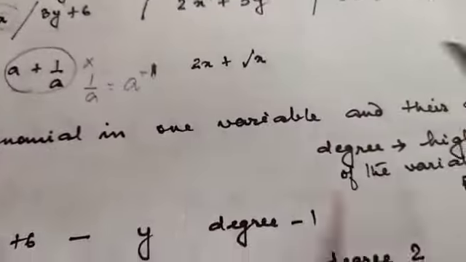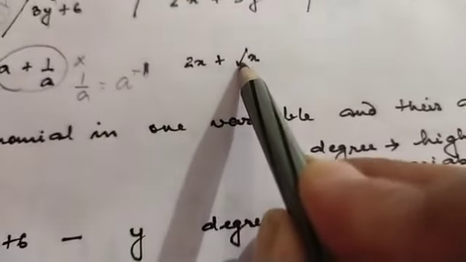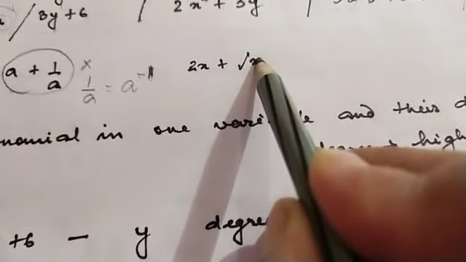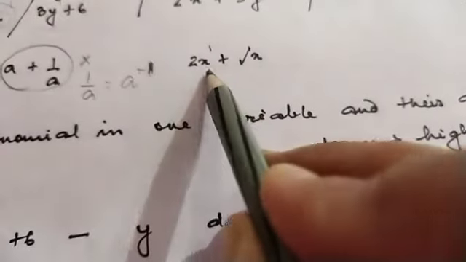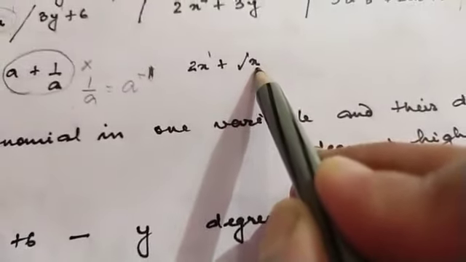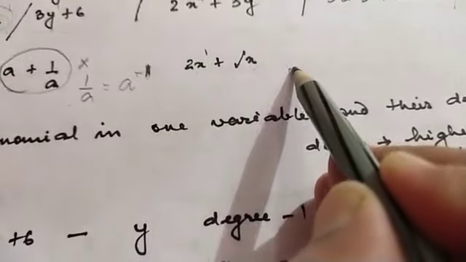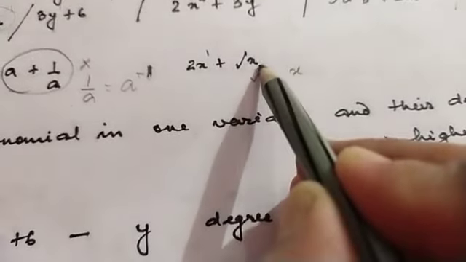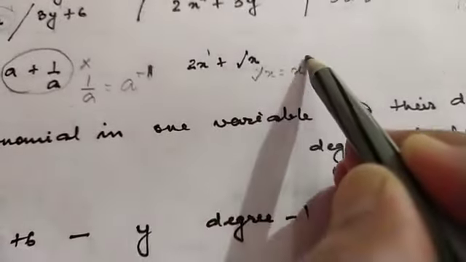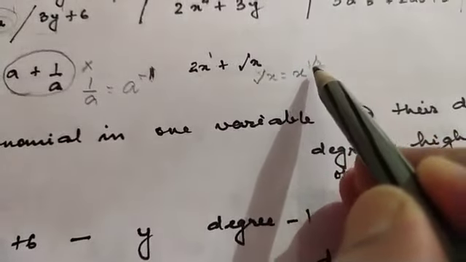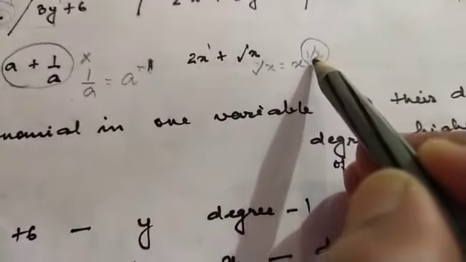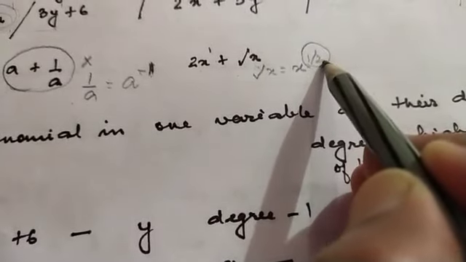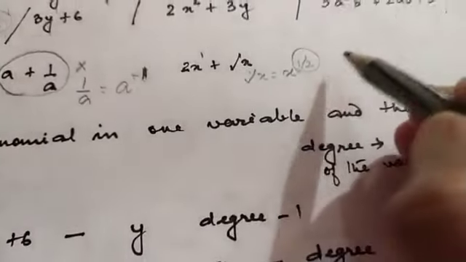Come to the next example. 2x plus root 2. This x has one positive power, but then here root x is equal to x raised to power 1 by 2. Is 1 by 2 positive? Yes, but is 1 by 2 an integer? No. What are integers?